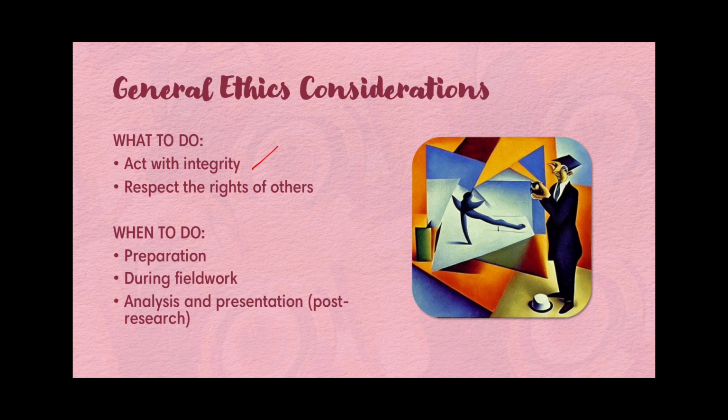So if, for example, you're a sociologist or social scientist, maybe the Philippine Sociological Society or the International Sociological Association has its own code of ethics that it follows. And also you have to look at legal frameworks in terms of how to act with integrity. So of course you have to be legally bound to the country that you are doing your research in, and also the policies of the institutions where you're doing research. So for example, if you are doing research as an affiliate of a university, the ethical policies and the privacy policies of that particular university or college will guide your acting with integrity as a researcher or a scholar.